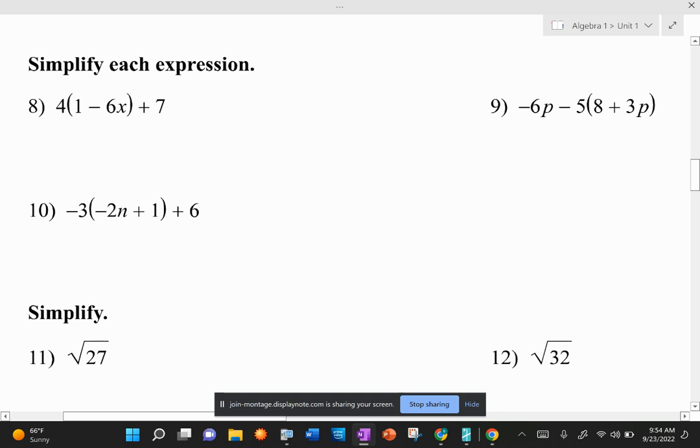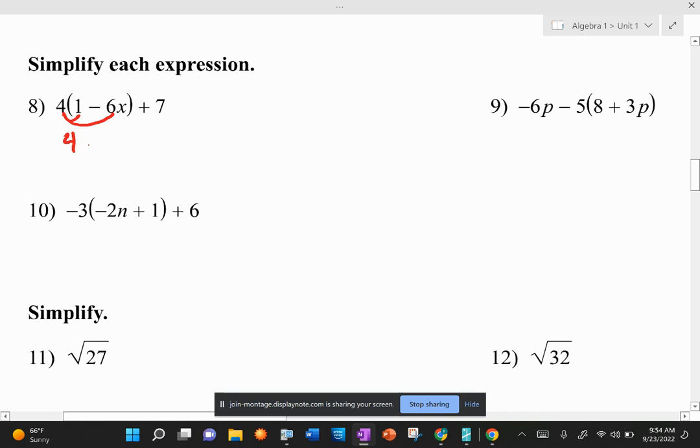On simplifying expressions, we are not solving. You're only combining like terms and simplifying. So like on number 8, what's the first thing I need to do? Starts with a D. Distribute. So I'm going to take 4 and multiply it to both of those.